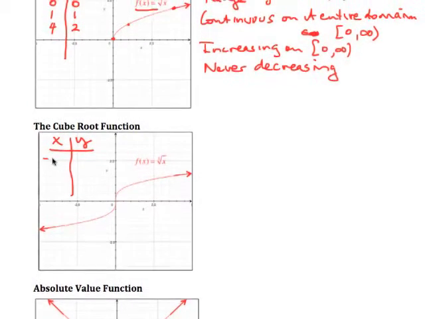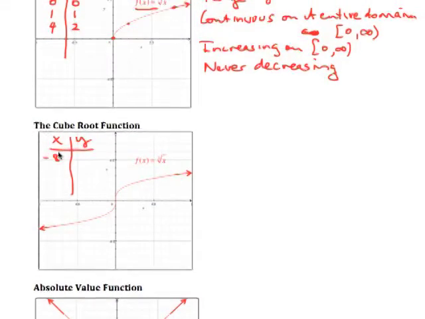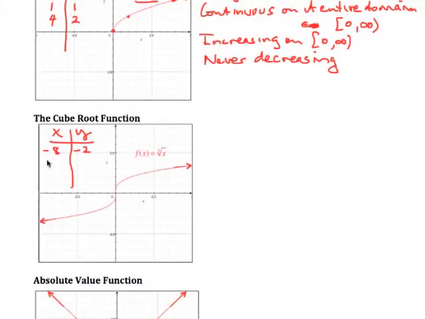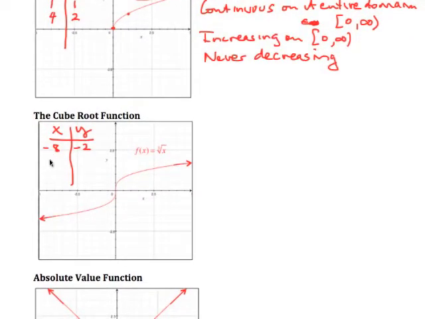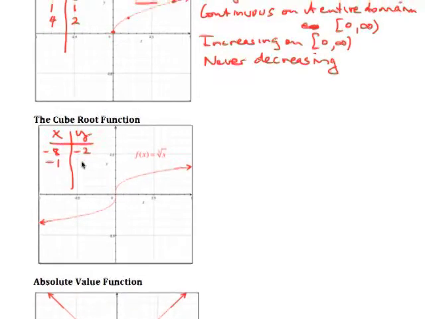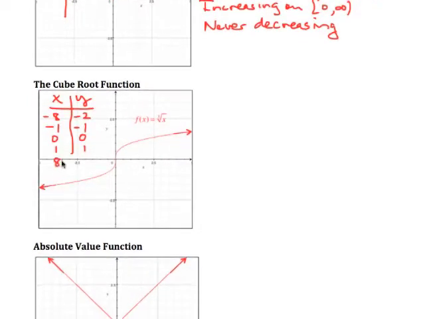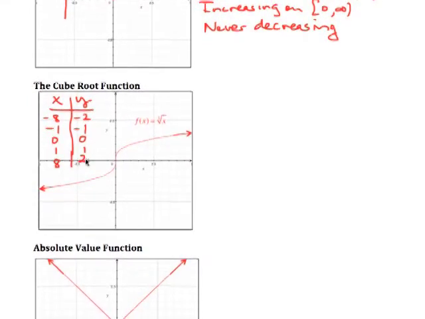For example, if I tried negative 8, what number multiplied by itself 3 times gives me negative 8? Well, it would be negative 2. The next cube number would, of course, be negative 1, and the cube root of that would be negative 1. Of course, the cube root of 0 is 0, of 1 is 1, and of 8 is 2.